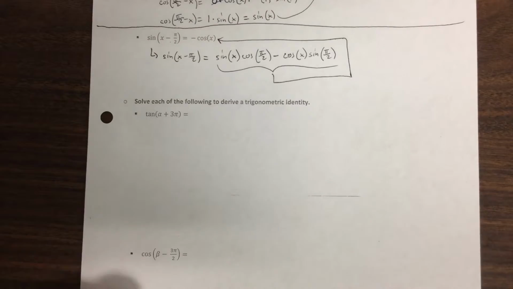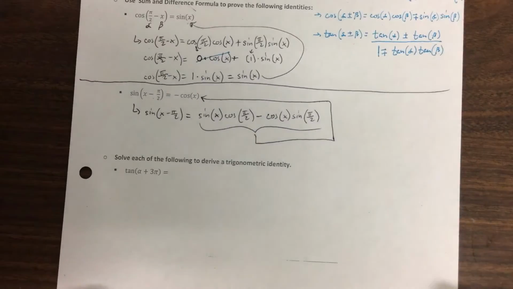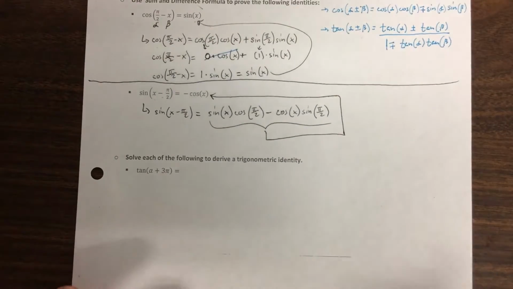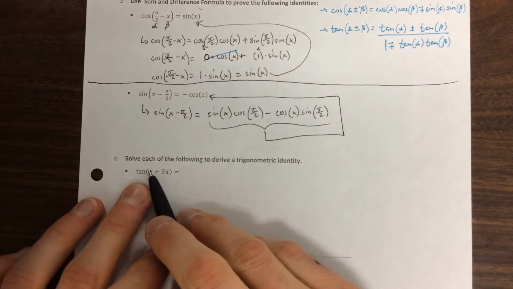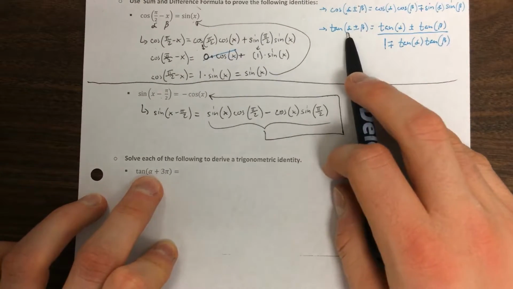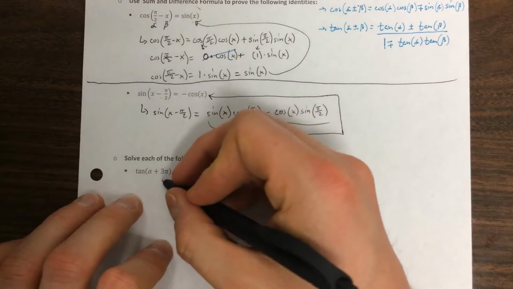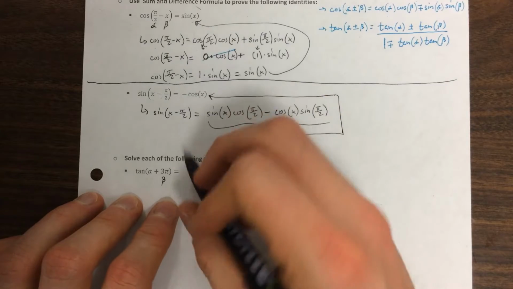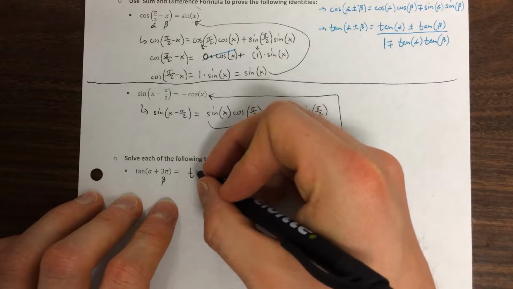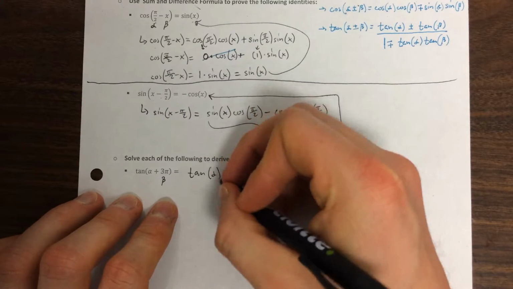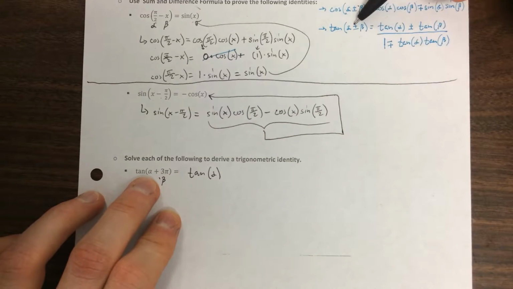Tangent. If you want to pause it here and try tangent on your own, that's fine. Try it. I'm going to go ahead and put in the formula and go from here. Alpha in this case is alpha. It's the first thing. So we can keep alpha. And beta is going to be 3 pi. So I'm going to say this is beta. Now let's plug it into the formula. Tangent alpha, positive here, positive there.